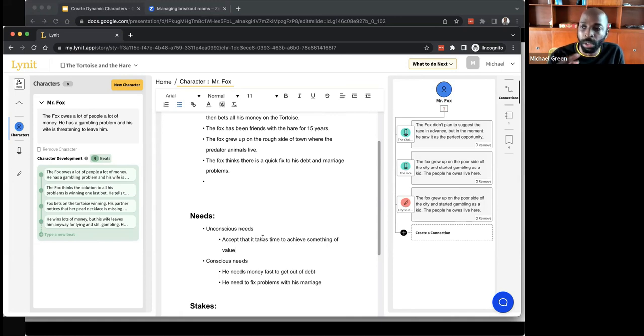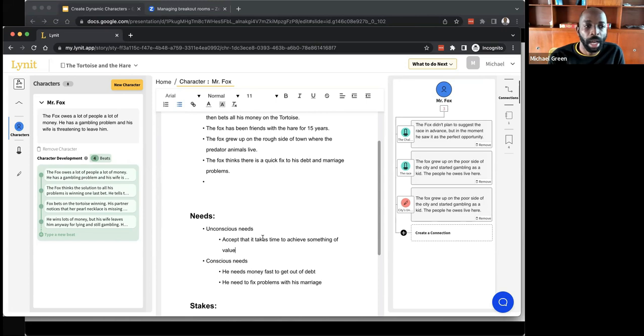Notice how I did this: I did the conscious need first and then abstracted from that the unconscious need, which can be what's fueling his conscious needs. The reason he's in a lot of debt is that he has this unconscious need to accept that it takes time to achieve something of value.